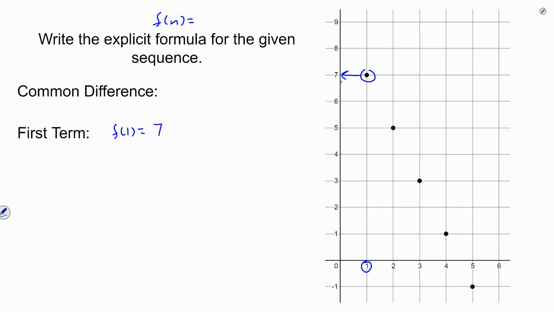Next, I need to find my common difference. So what's the pattern that I'm going by on this graph? Well, I'm going down 2 over 1, down 2 over 1, down 2 over 1.